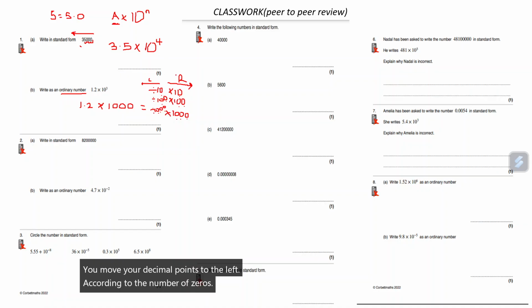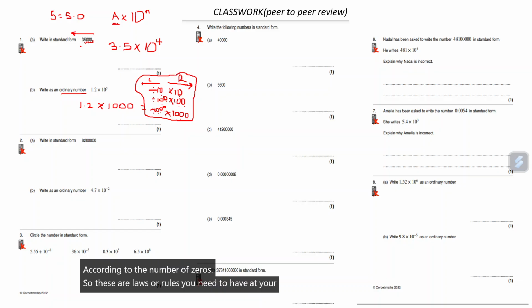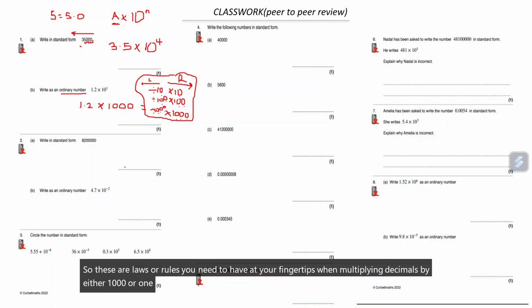So these are laws or rules you need to have at your fingertips when multiplying decimals by either 10, 100, or 1000.